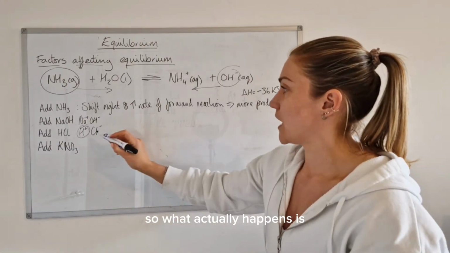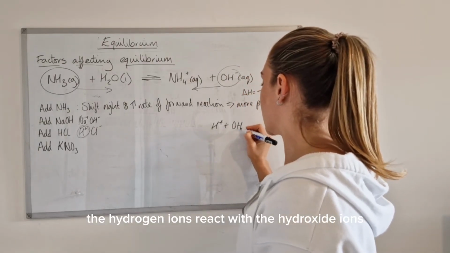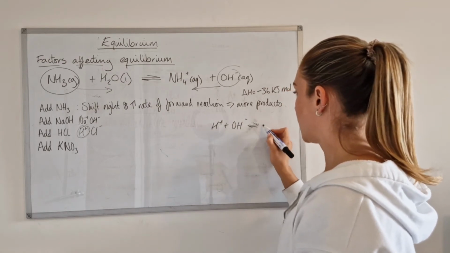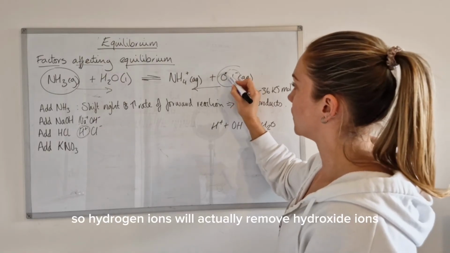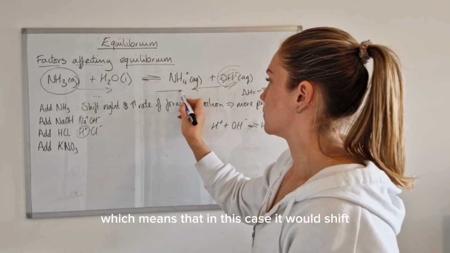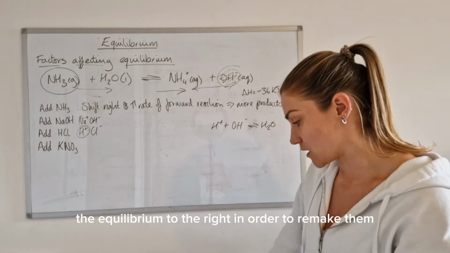So what actually happens is the hydrogen ions react with the hydroxide ions in order to form water. So hydrogen ions will actually remove hydroxide ions from a reaction, which means that in this case it would shift the equilibrium to the right in order to remake them.